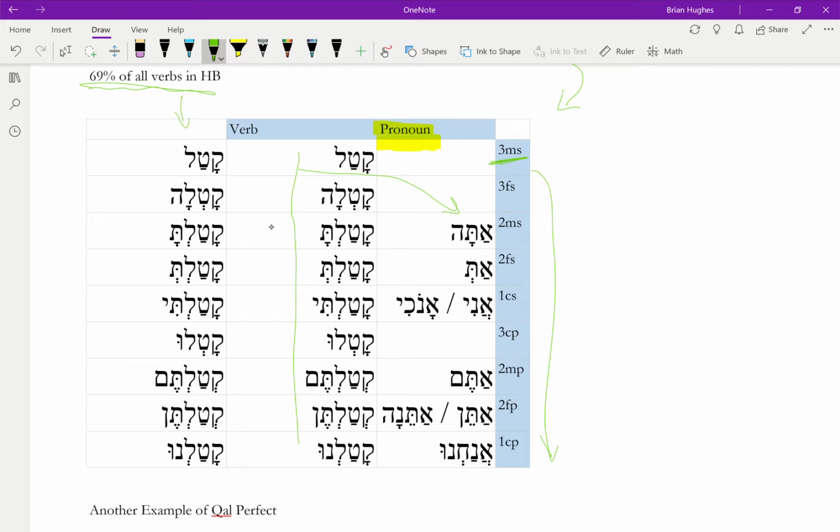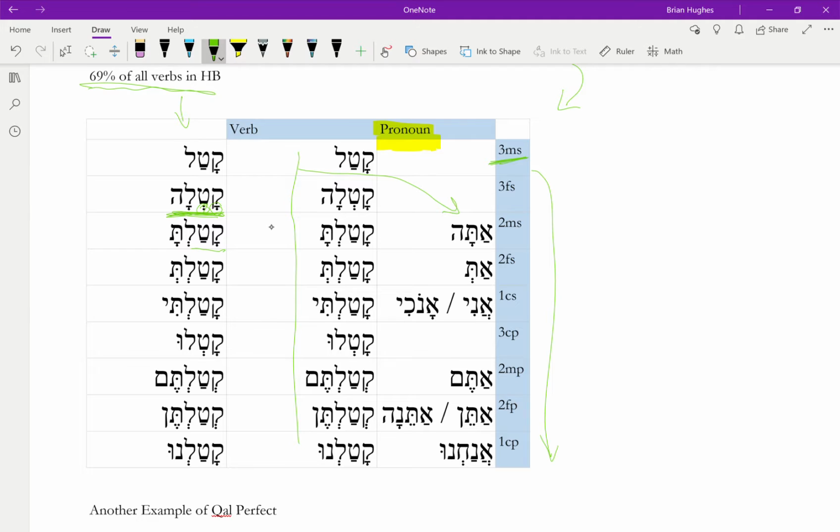So here we have katal, katal, katala, katala. We know that this is vocal because this is not a short vowel, and it's not kametsatu, it's a kamets. So this is a vocal shava. This is katala.